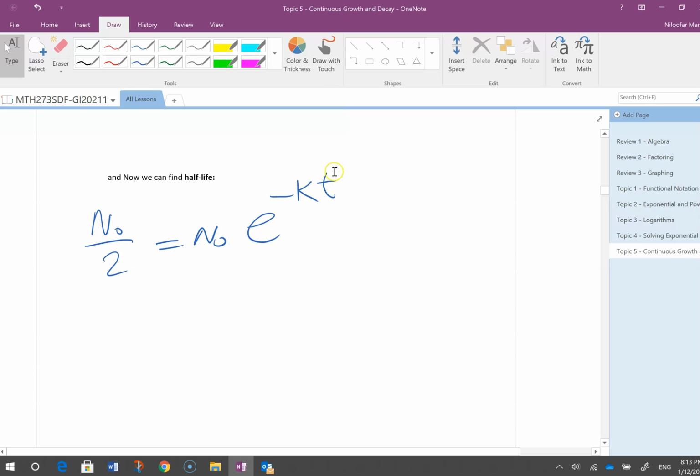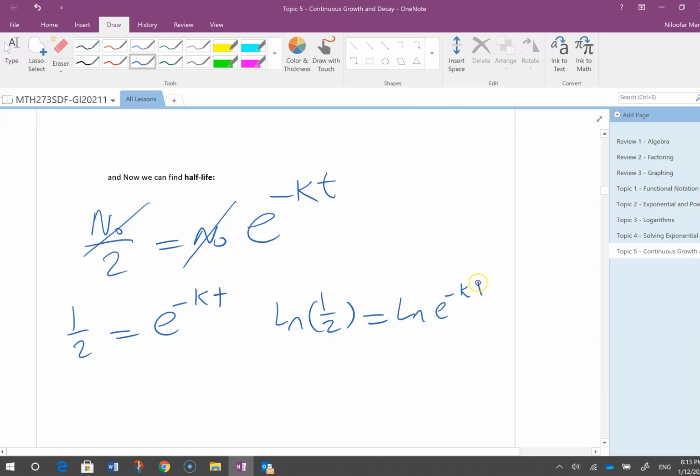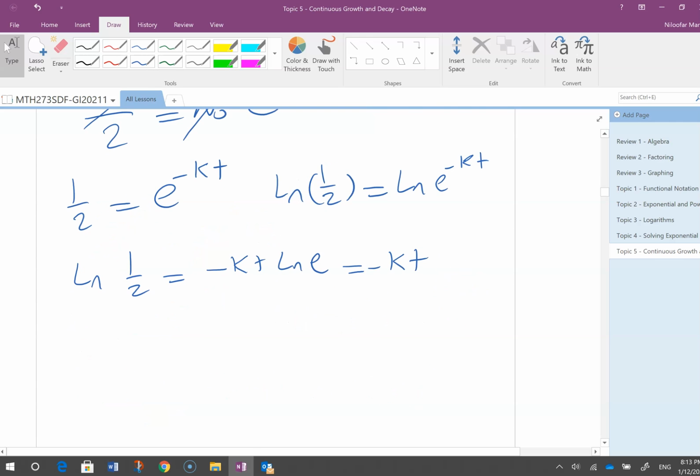I can cancel this and this, so I have 1 over 2 equals e power minus kt. So ln 1 over 2 is ln e power minus kt, which is minus kt ln e, which is minus kt.